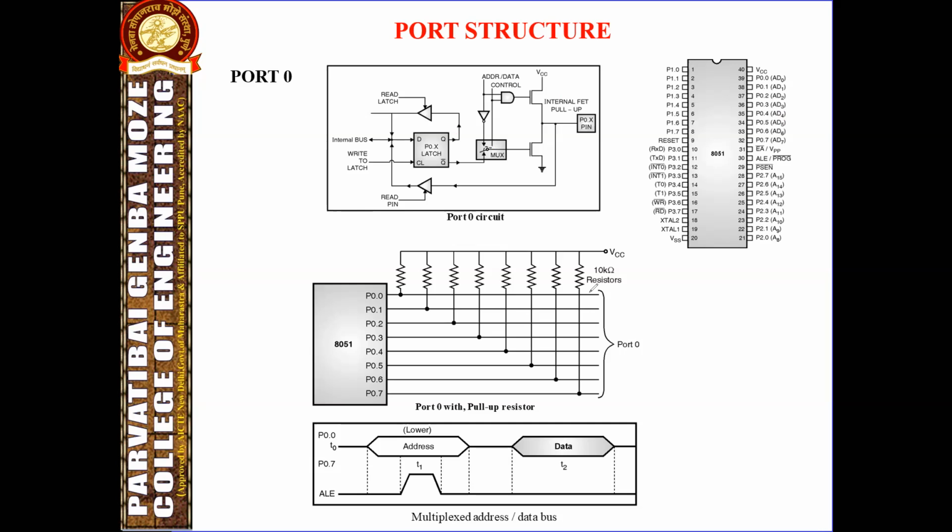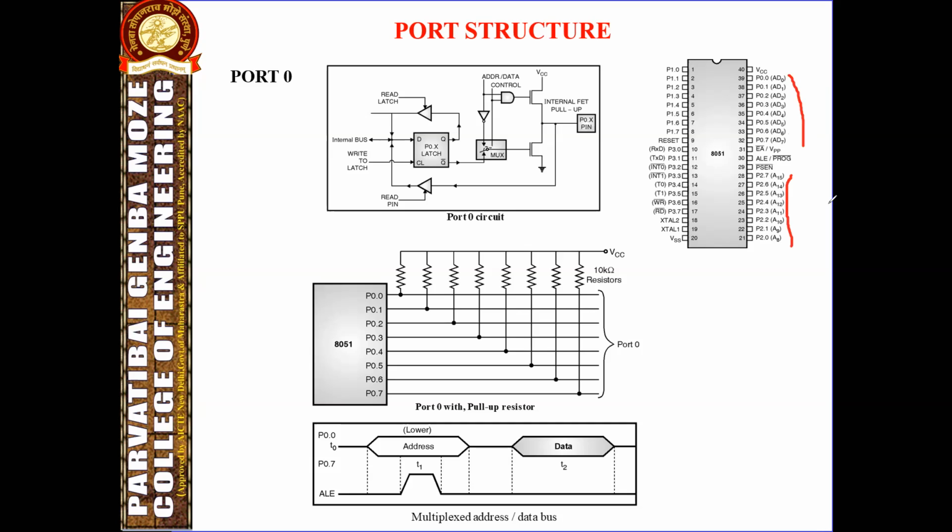When the microcontroller accesses the external program memory or data memory, the address of memory is generated by port 0 and port 2. Port 0 will generate the lower order address A0 to A7, and port 2 will generate the higher order address from A8 to A15.